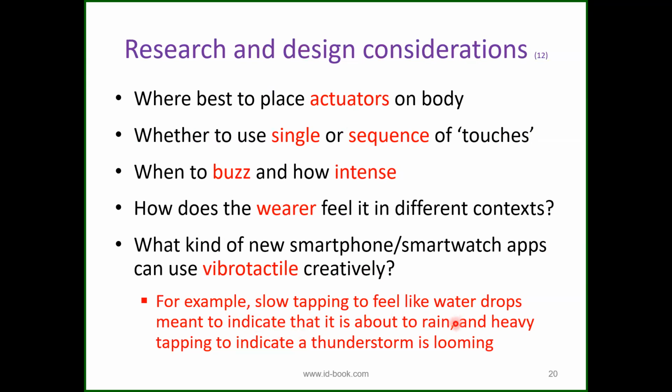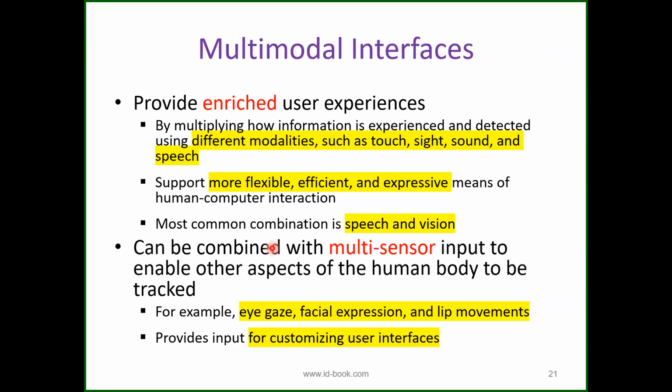Slow tapping can create a feel like water is dropping, meant to indicate that it is about to rain, and heavy tapping to indicate that it is a thunderstorm. So tapping, creating vibrations, creating touch are all part of the haptic interfaces to give feedback to the user.